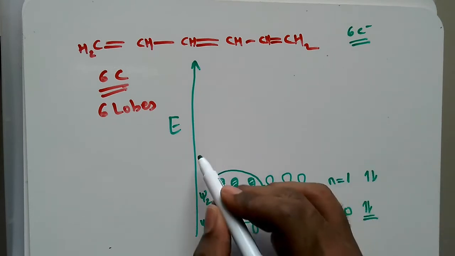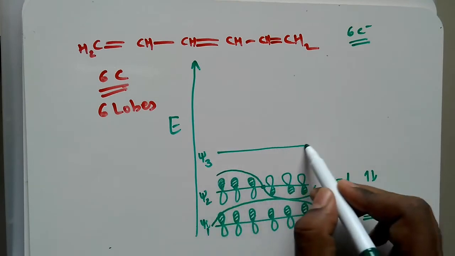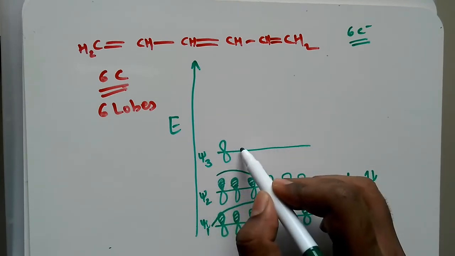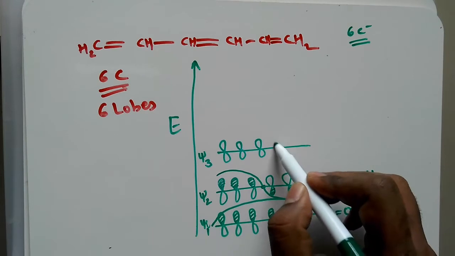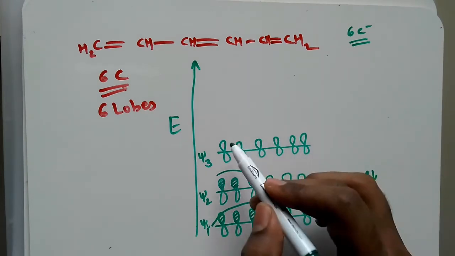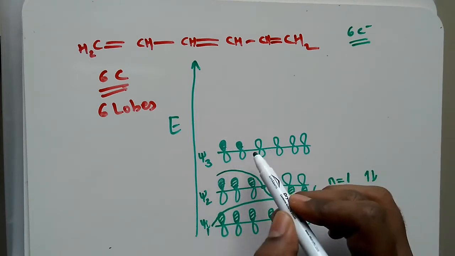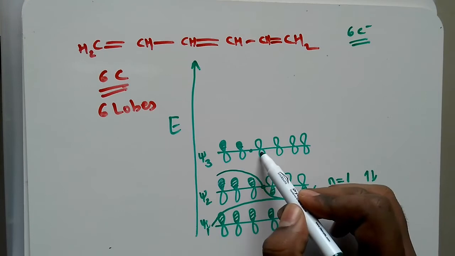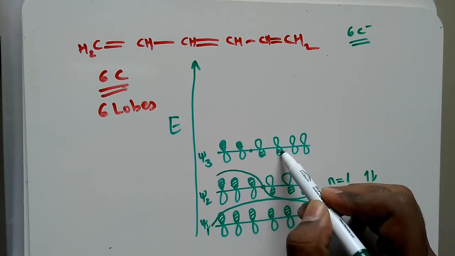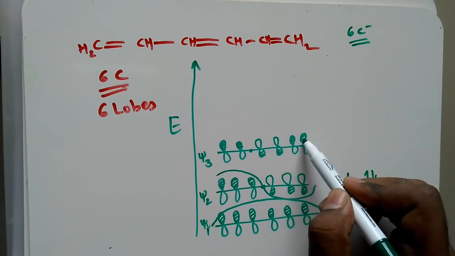The next case is psi3. In the case of psi3, we'll draw the 6 lobes, 1, 2, 3, 4, 5, 6. We have same phases here. Now there is a break over here and it goes down, and then another break, it goes up.